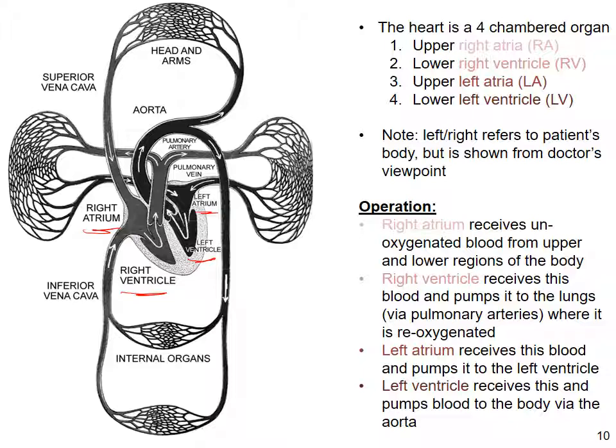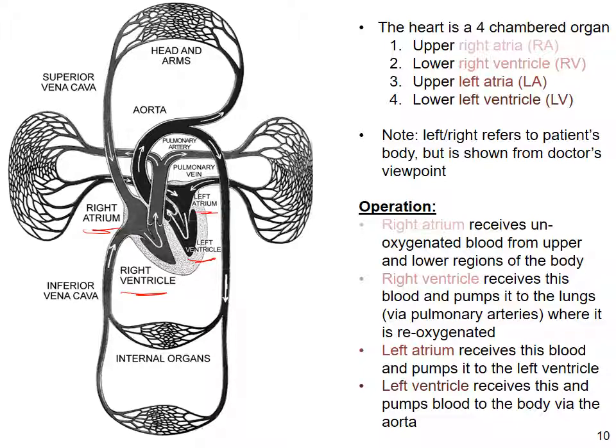Now the blood comes into the left atrium from the lungs, where the left atrium works very similarly to the right atrium. The blood collects there, and then the left ventricle, again a big muscle, will receive this and pump it to the rest of the body via the aorta. So this will go back to the head and arms, internal organs, and so on. So it's basically a circulating system, kind of like a two-stroke engine, if you will.